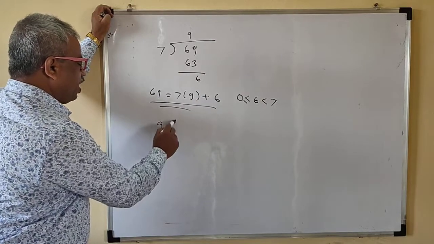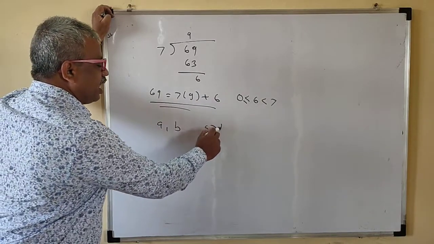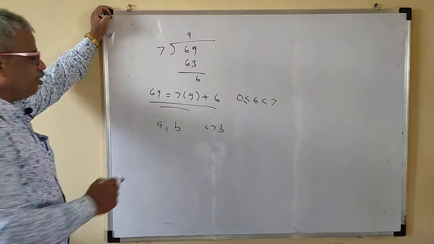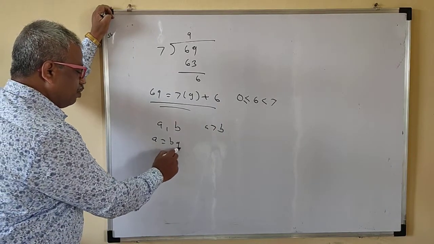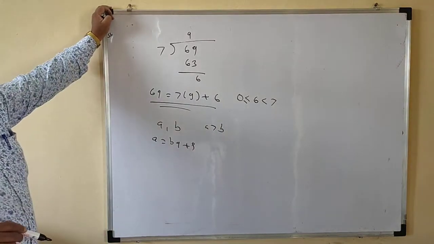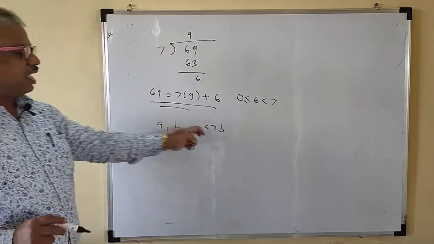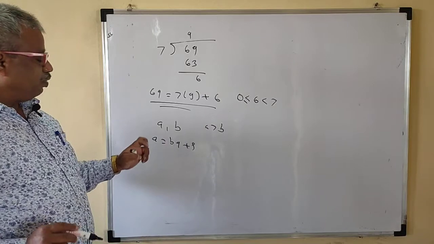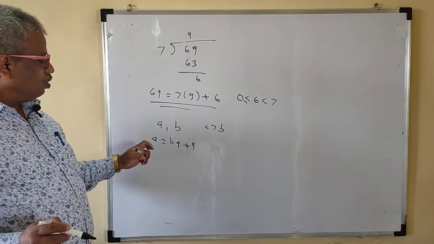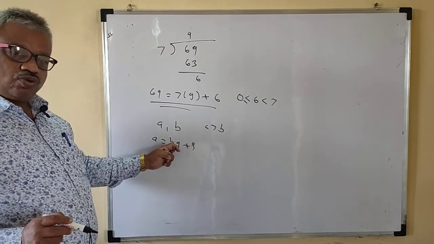That means if A and B are there, if A is greater than B, then A is equal to BQ plus R, right? So if A and B are any integers such that A is greater than B, and your B should not be 0.